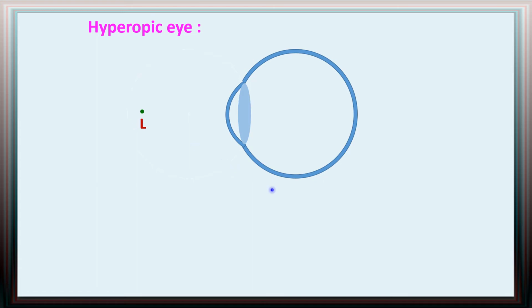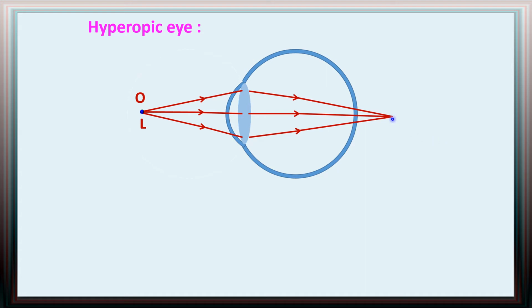Here is L, the least distance of distinct vision point, and here I am placing the same point object O at L. Here are the three incident rays. After refraction, these refracted rays will form the image behind the retina somewhere here, because the minimum focal length is greater than 2.27 centimeters in this case.